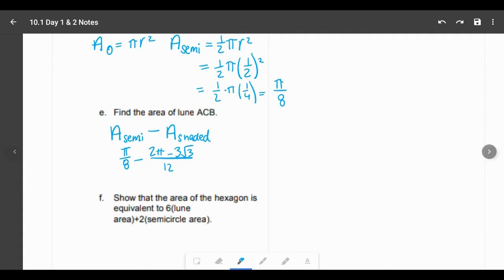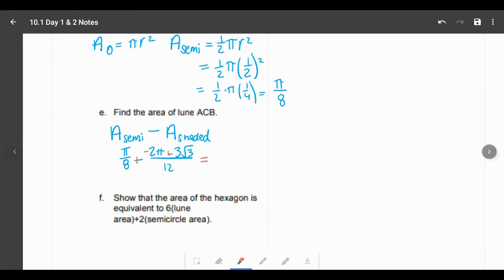So now I would like us to go through and simplify this a little bit. So the first thing I'm going to do is get rid of this negative. I'm going to change it into plus a negative 2 pi plus 3 root 3. And then between 8 and 12, I can get a common denominator of 24.